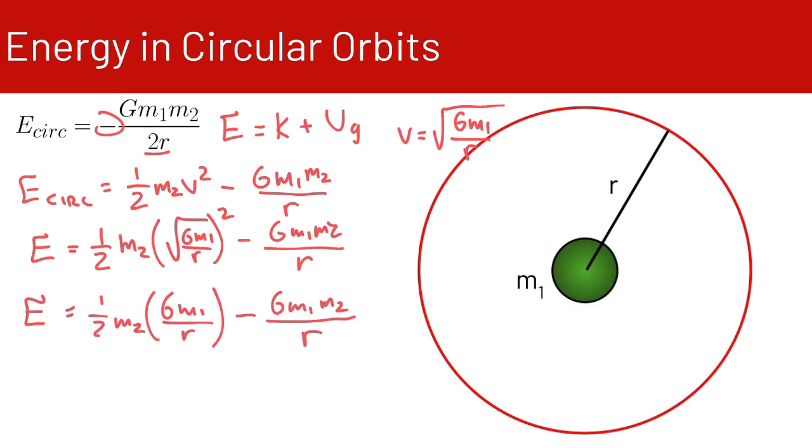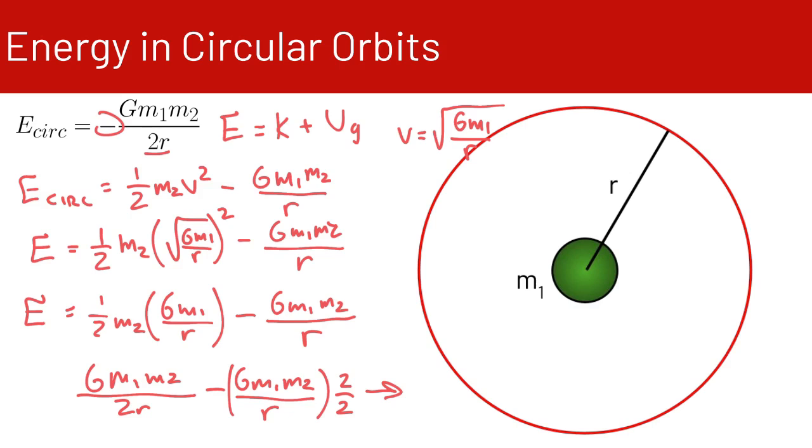So this gives us G m1 m2 over 2r minus G m1 m2 over r. To get a common denominator, we have to multiply this term by 2 over 2. So together we end up with minus G m1 m2 over 2r.